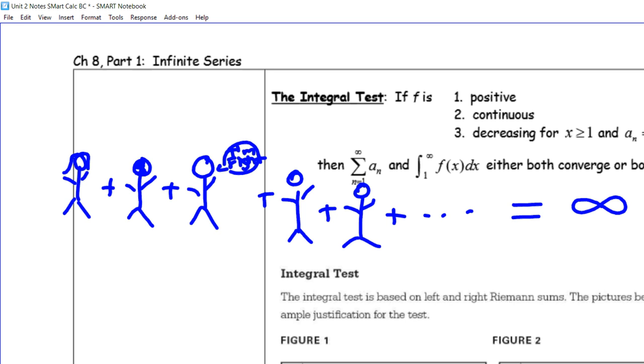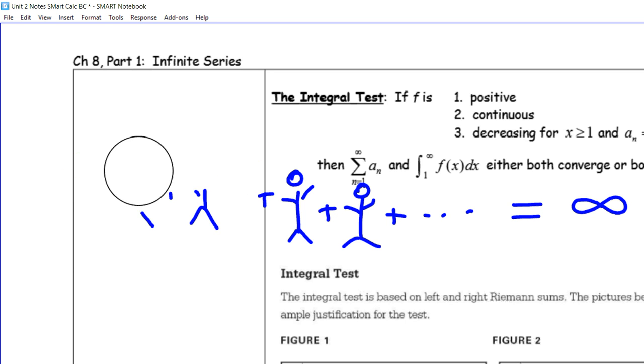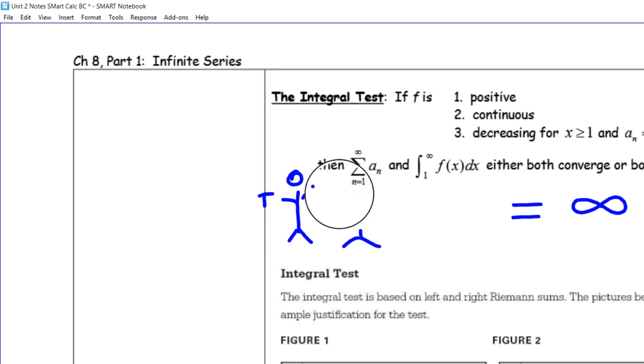I took away the first 3 now. What's going to happen to the rest? Nothing. So I basically have infinity minus those first 3 terms, which is still infinity, because infinity minus a number is infinity. Let's say I took away the first 100 terms. Same. Infinity minus the first 100 terms is still infinity.